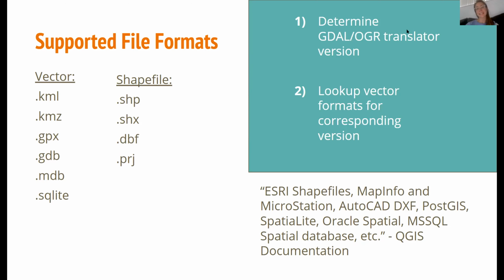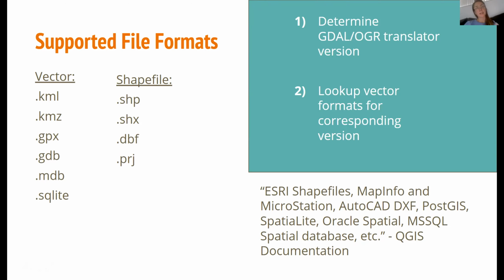So basically this slide represents all of the different types of information that I gathered from my research. Starting on the left-hand side of the screen, we can see the different extension types for various vector and shapefiles. These are consistently the types of vector and shapefile extensions that will be readily accessible in Q that you can easily bring in.